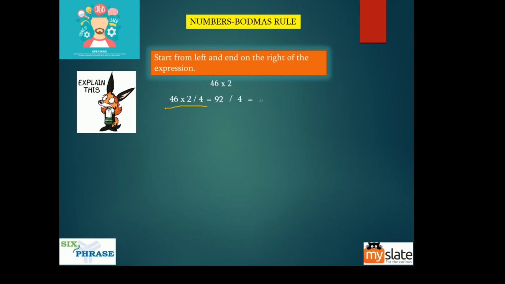Now if you do it the other way around, you might not get the correct answer. Here you'll get the same answer, but in other cases when the division appears first, you won't get the correct answer. So do it from left to right always to avoid confusion, guys. If you want to get the answer correctly all the time, make sure you do it from left to right.